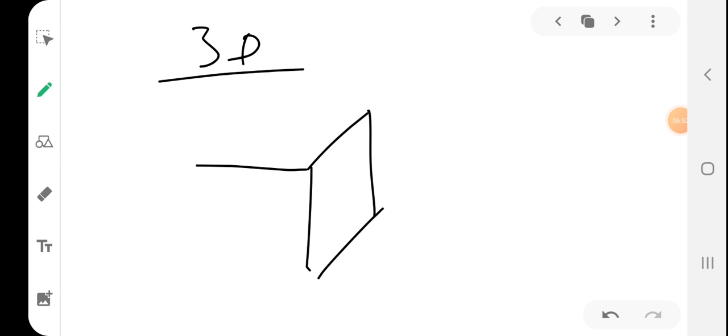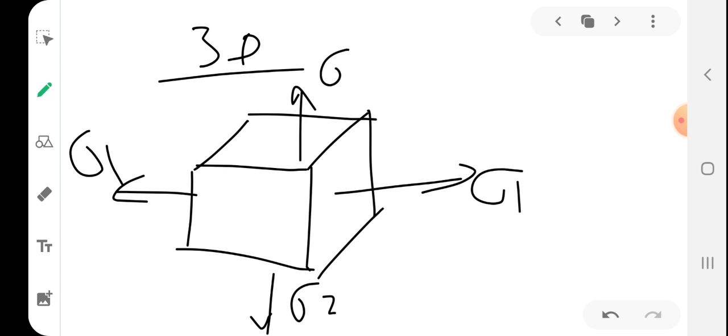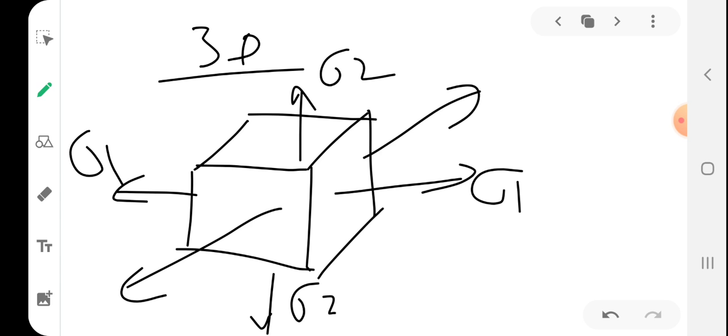Similarly, in the 3D case, if this is our cube, we have sigma 1 in this direction, sigma 2 in the y direction, and sigma 3 in the z direction.